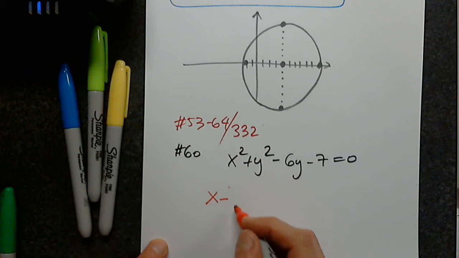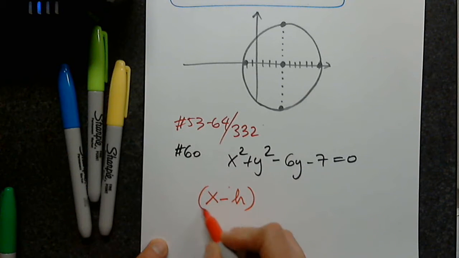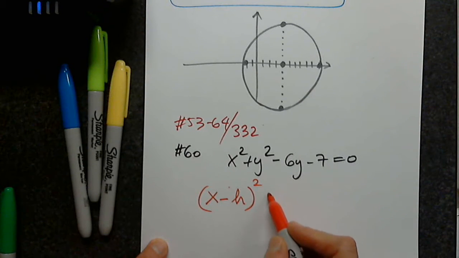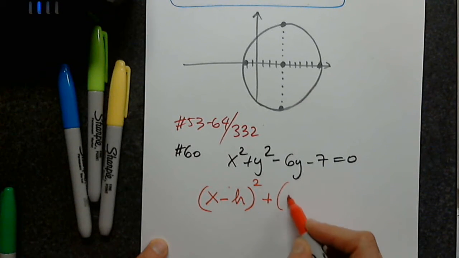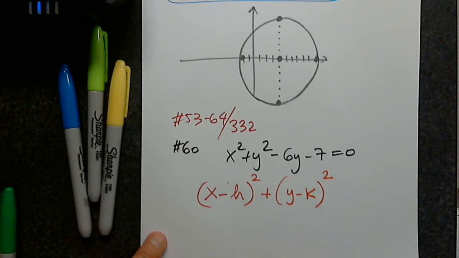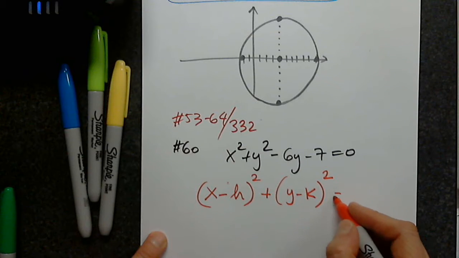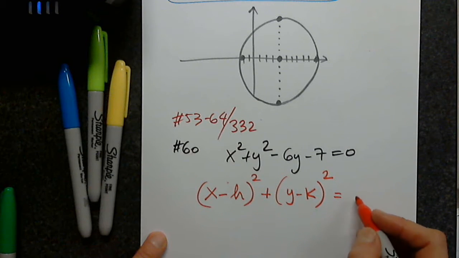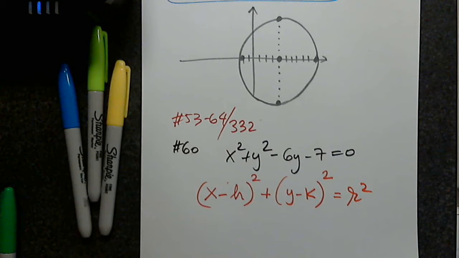X minus. Very good, awesome. Squared. Yes, plus. Y minus. They're all minus. Equals? So, through a sequence of steps, I'm hoping that I can make this look like this.